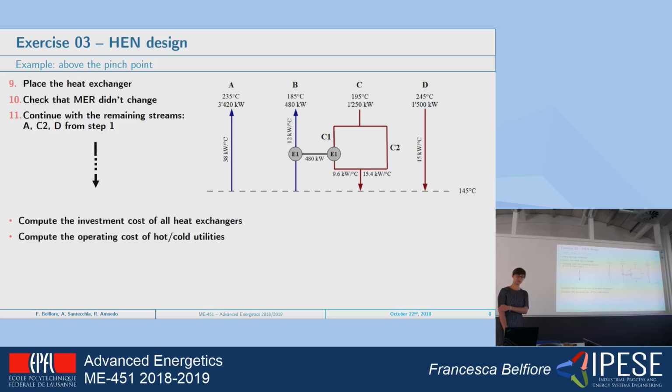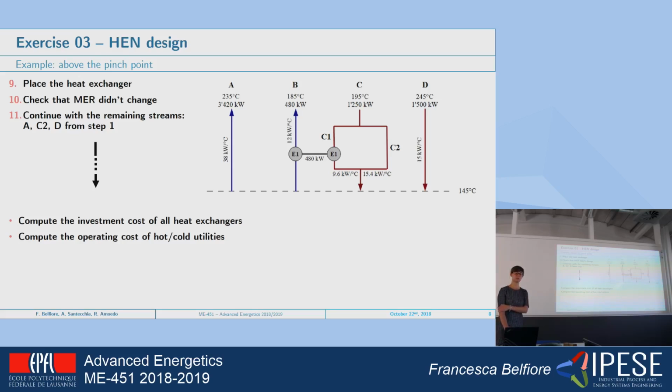And afterwards, now we have three streams: stream A that was unchanged, stream C2 from the splitting of C, and stream B. And we have to start from step 1. So again, we should check that the number of pinch cold streams is greater or equal than the number of pinch hot streams, and so on.